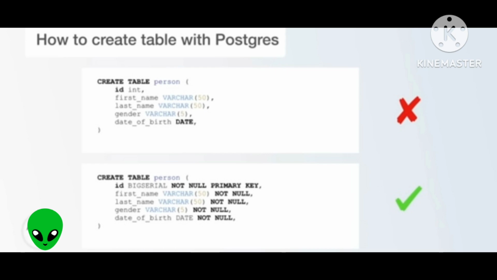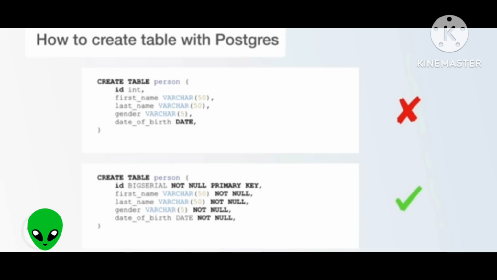So to improve on that, we can specify the actual constraints. On the table below you can see that ID now becomes bigserial. This is an improvement because bigserial values increment by themselves. And then I'm saying that this column must not be null.